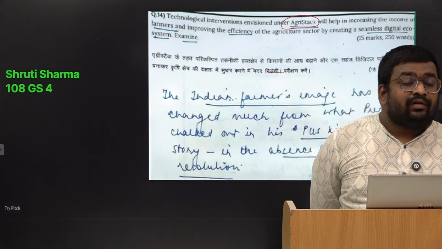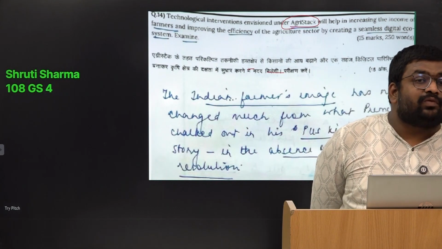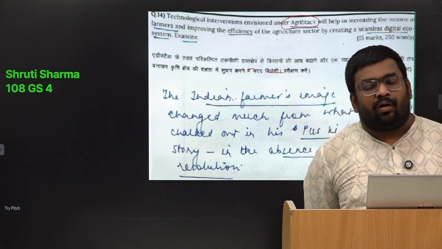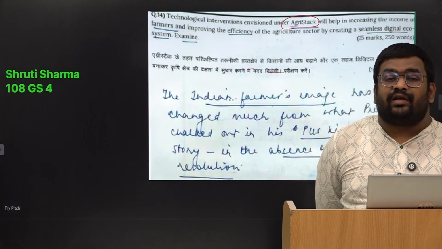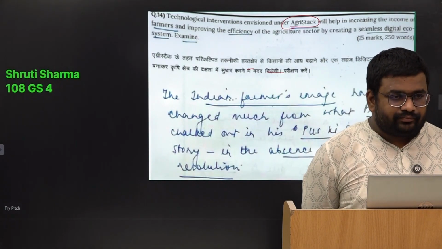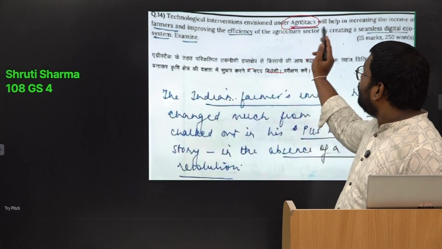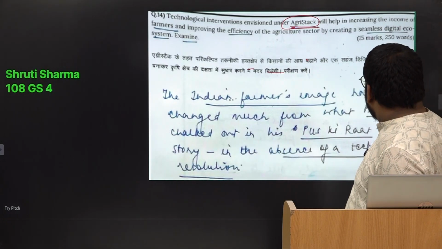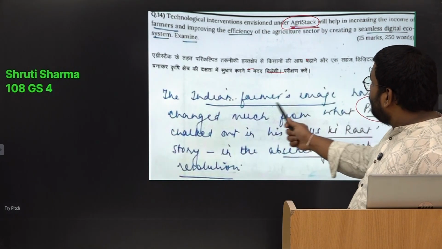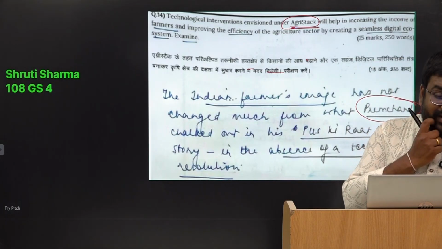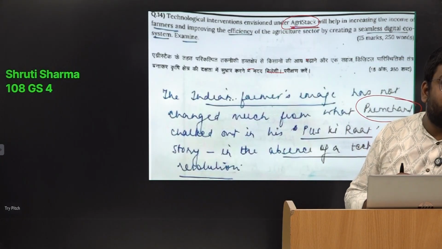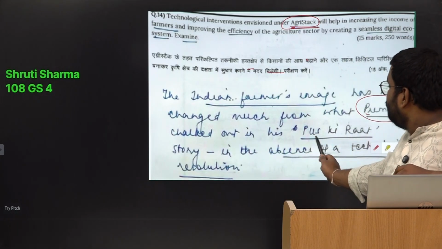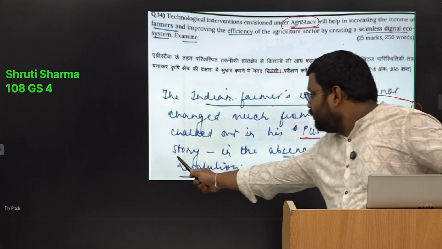So again, 99% of the aspirants will start with some data on agriculture technology, or with some recent context related to AgriStack. What she has done is use Premchand's book. The Indian farmer's image has not changed much from what Premchand called out in his Uski Raat story.